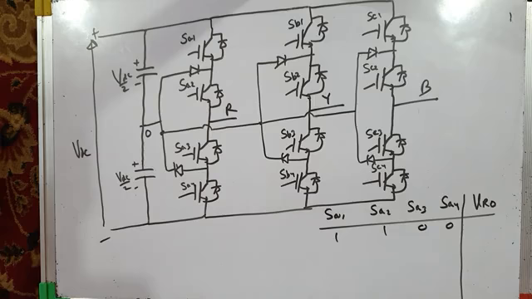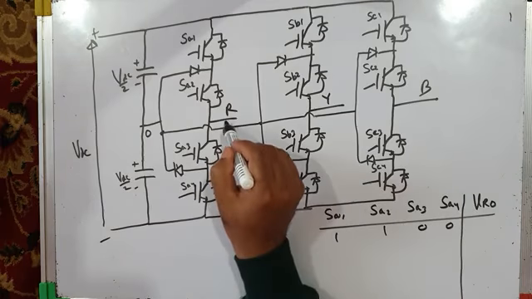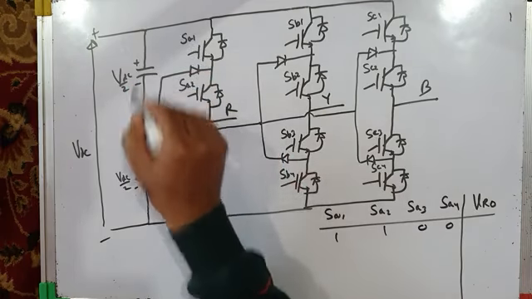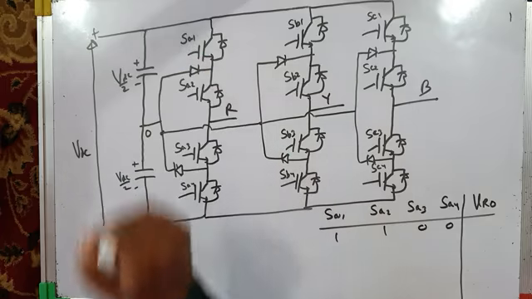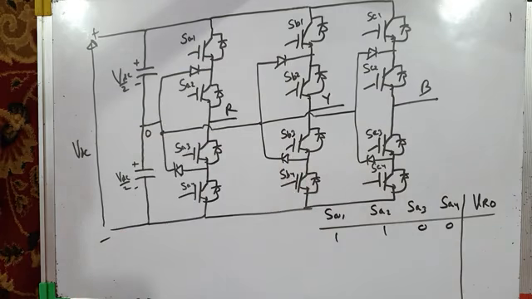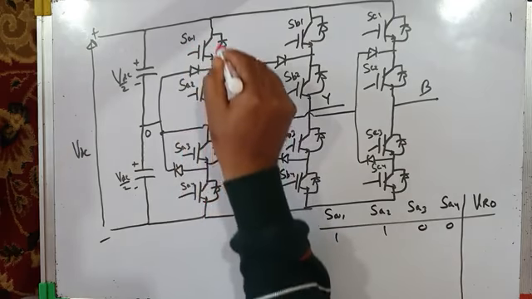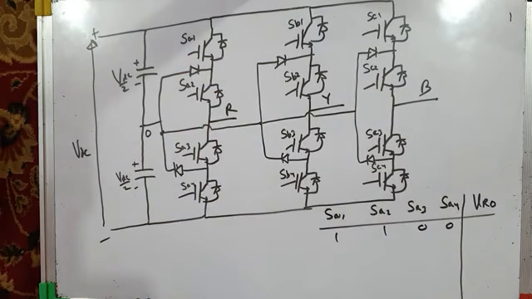Okay, so when SA1, SA2 are on and SA3, SA4 are off, your pole R gets connected to the positive bus, and VRO will be plus VDC by 2. Now the question is, will the switches conduct or will the feedback diodes conduct? That will be decided by the direction of current.